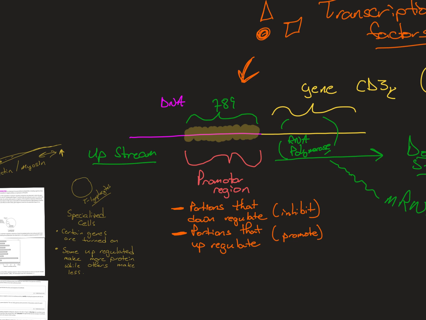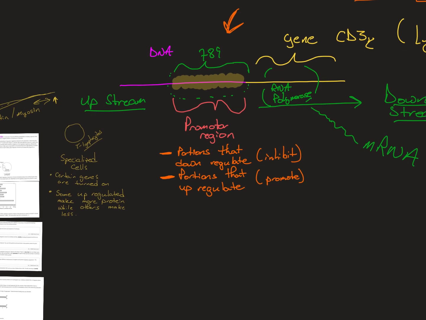And they also added to their clone a few of the actual nucleotides that are part of the gene, so some of the yellow, and 789 nucleotides before the gene. So you do have some of the gene plus that being cloned.